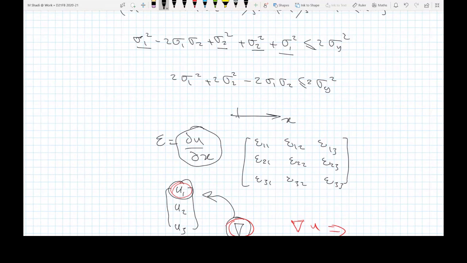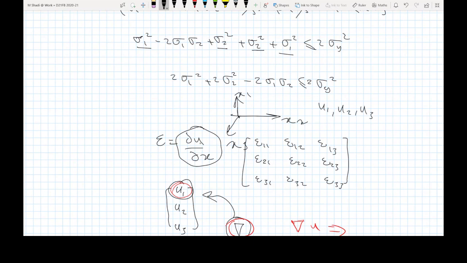Now you have three different x's, x1, x2, and x3, and you have u1, u2, and u3.